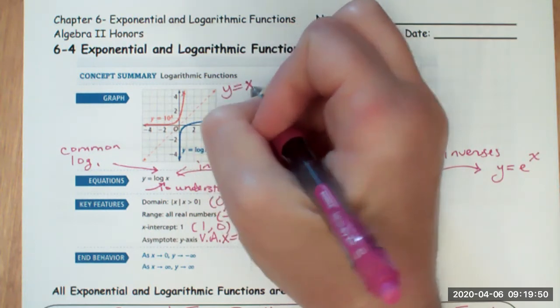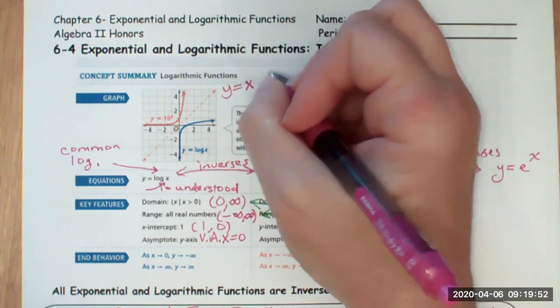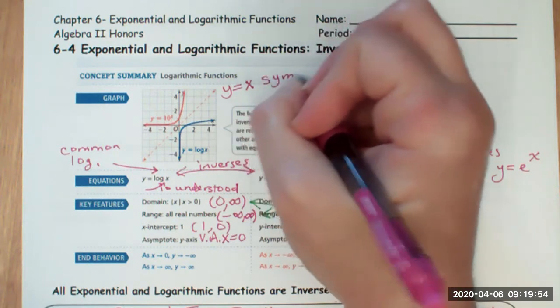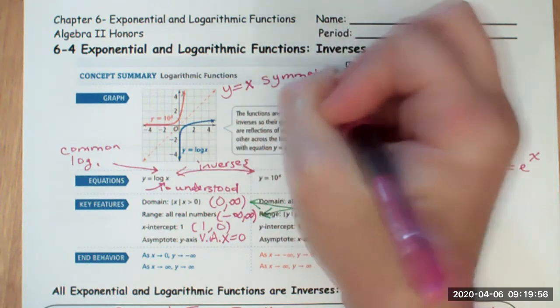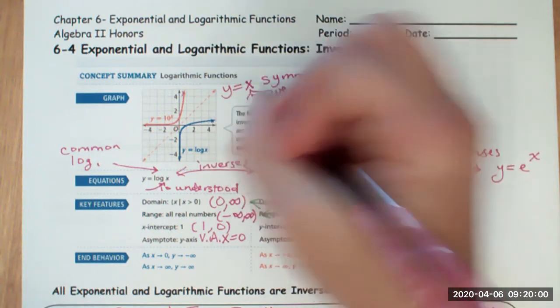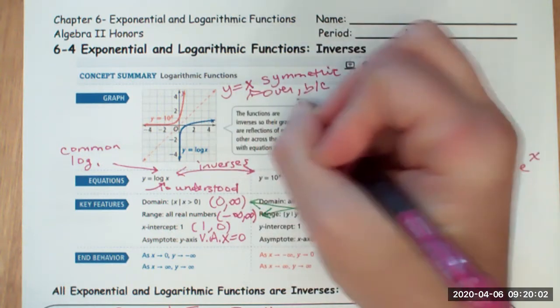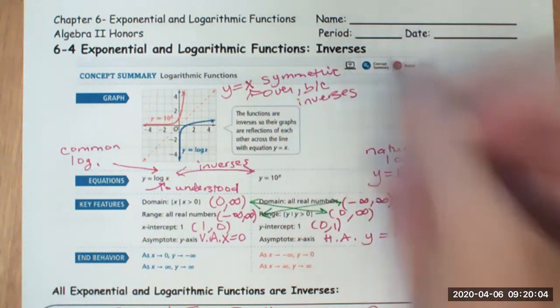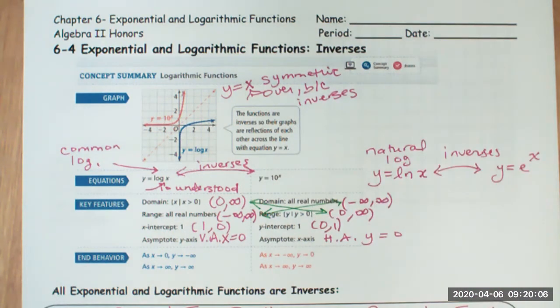Okay? So they're always going to be symmetric over this line because they're inverses.